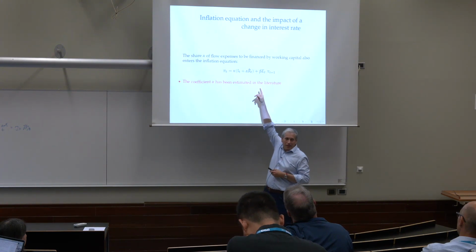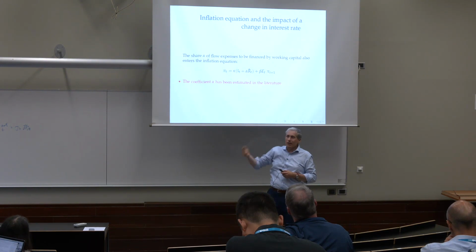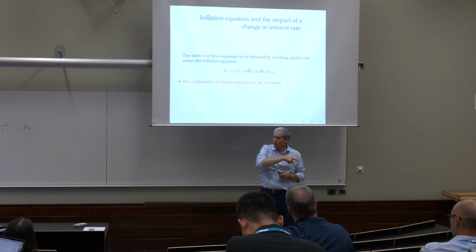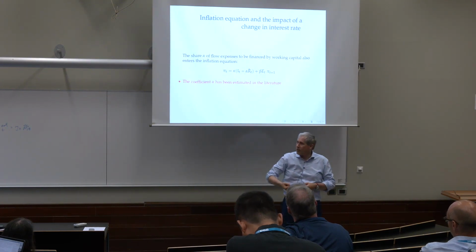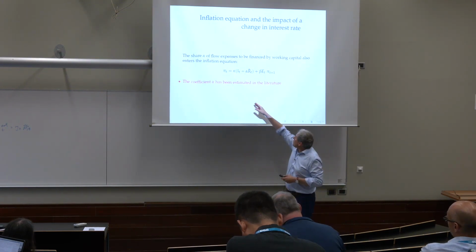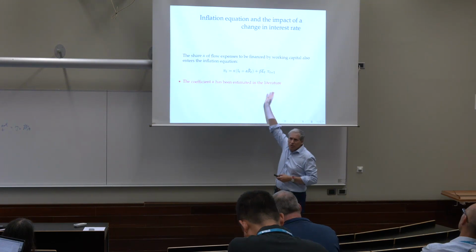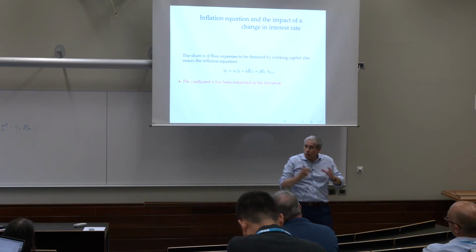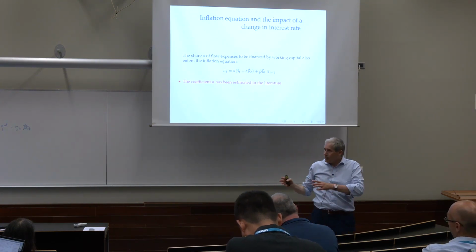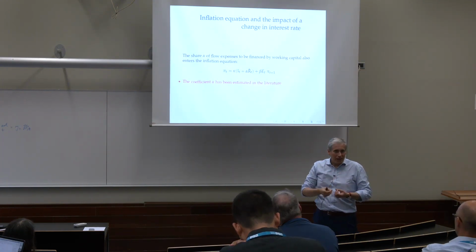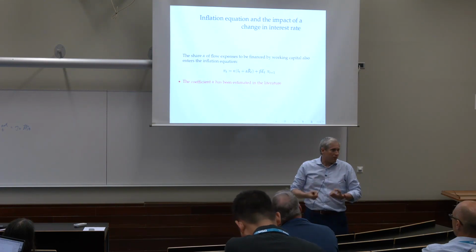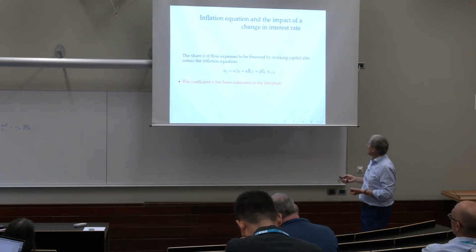So that alpha tells you what is the share of the increase in the interest rate that will end up pushing up real marginal cost, and so fight the monetary authority when it's trying to lower inflation. And by the way, you can estimate this coefficient. It's been estimated. So also for the working capital, as for the corporate debt, you have this issue that how much working capital you have will affect the trade-off or the power of the monetary authority in fighting inflation.